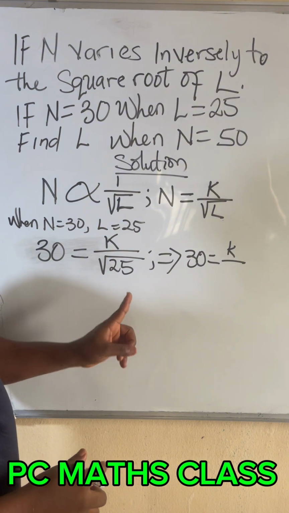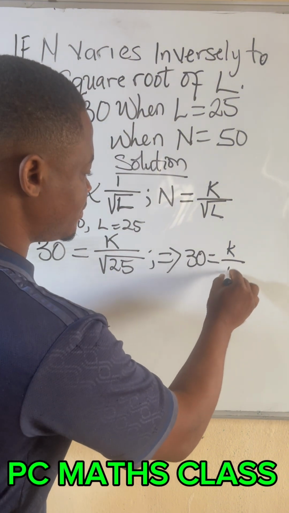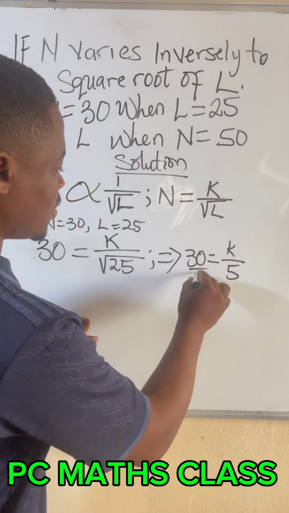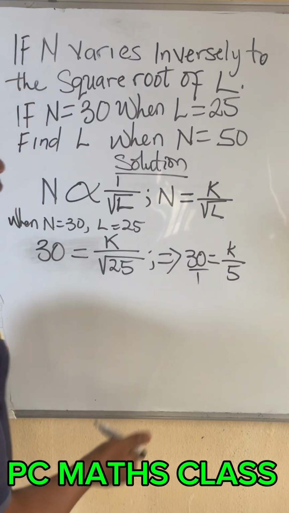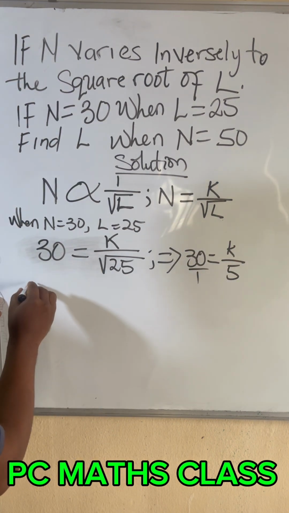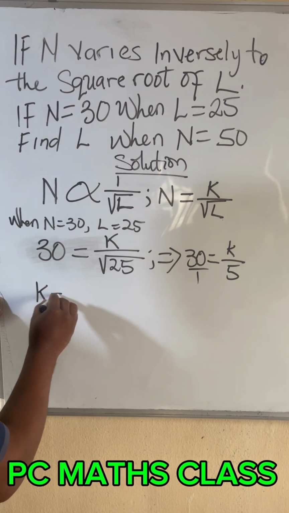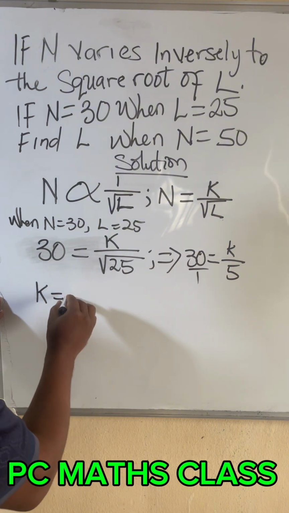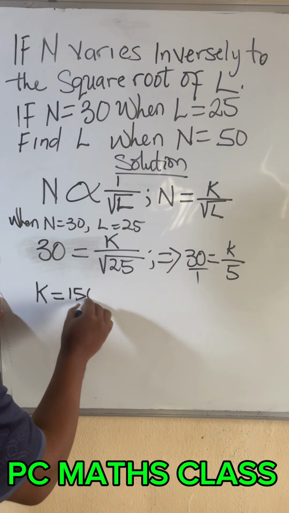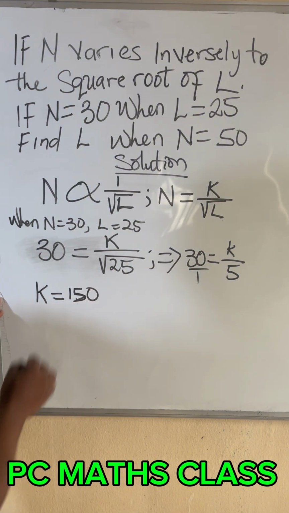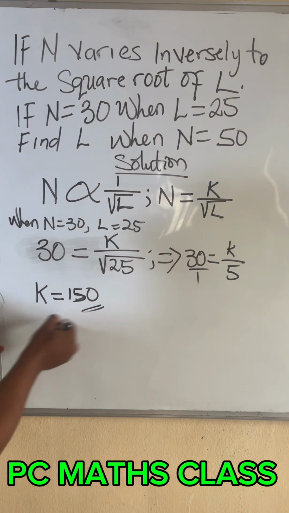The square root of 25 is 5, so we have 5. So this is over 1. When we cross multiply, we have that k times 1 will give us k, and that is equal to 5 times 30, which will give us 150. So the value of k is 150.